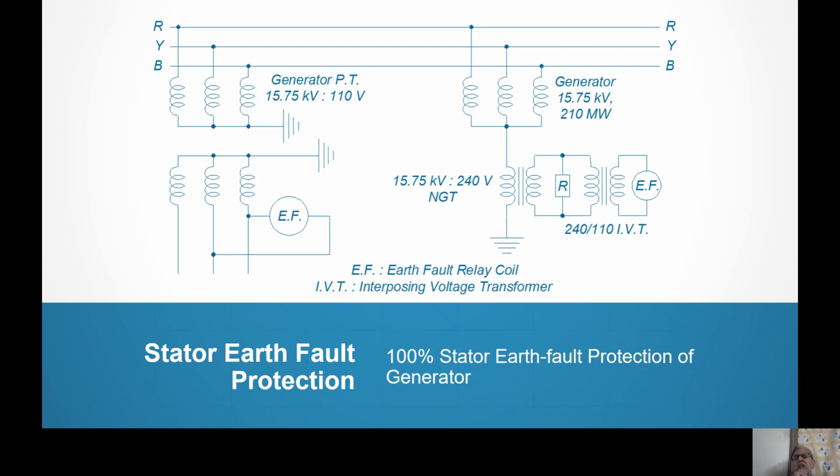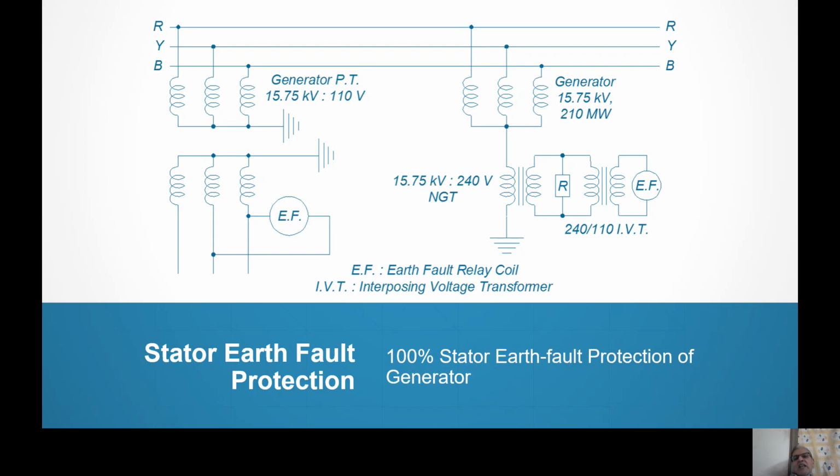Reactor value is some 0.978 or so, roughly 1 ohm. And if you see it on primary, it will be 15750 divided by 240 raised to square. So it will be to the tune of 4000 ohms, right?